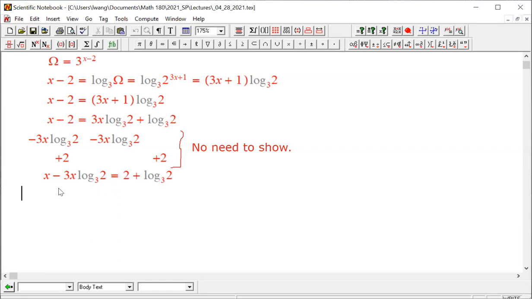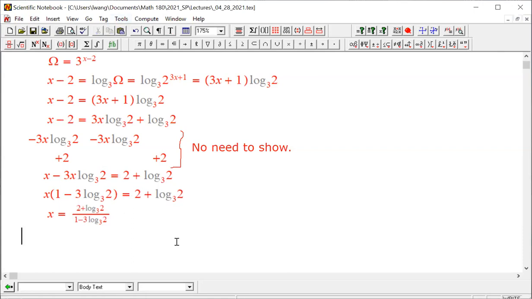And on this side, you're going to factor out the x, and then you get 1 minus 3 times log base 3 of 2, equals the entirety of the right-hand side. Then divide both sides by the parentheses. So this is in the denominator, and that guy is in the numerator.